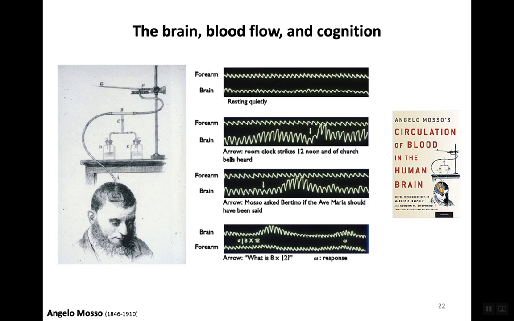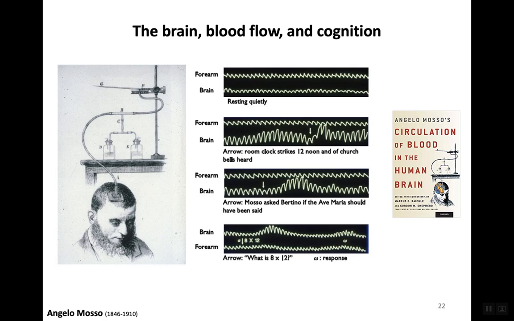Blood carries oxygen and glucose to the brain. It allows neural processes to unfold efficiently. Cognition requires energy, and it is the blood that carries oxygen and glucose and facilitates that source of metabolic energy.